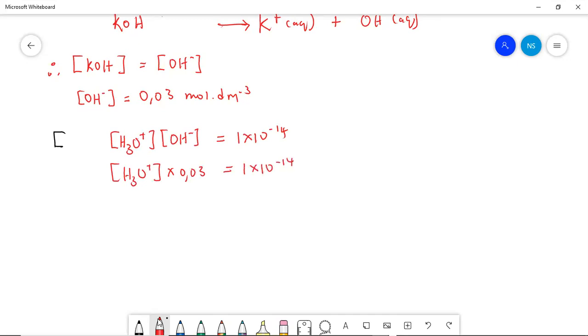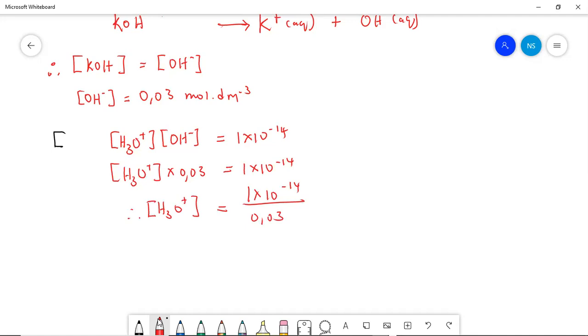And therefore, from this, you will get the concentration of hydronium. You can divide both sides by 0.03, and it will be 1 times 10 to the power negative 14 over 0.03, right?